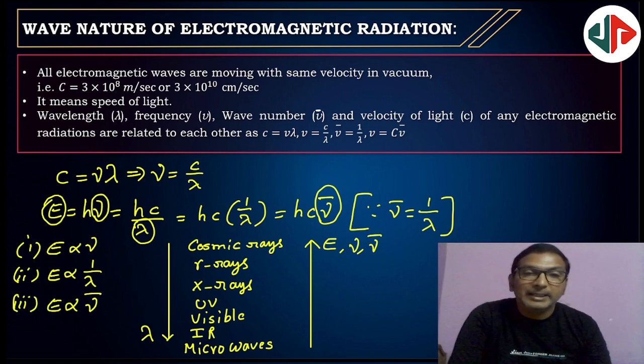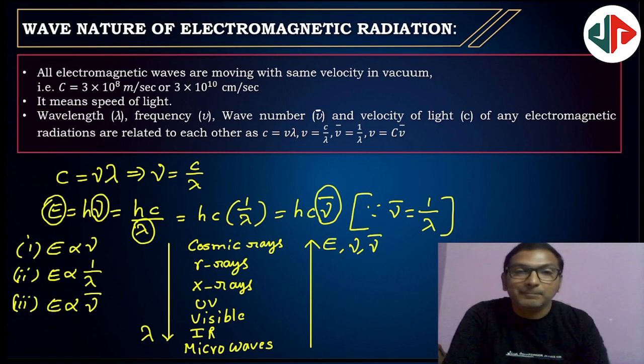Cosmic rays to microwaves, wavelength increases, and microwaves to cosmic rays, energy, frequency and wave number increases. From this you will get different orders. Questions will be like this: arrange the following electromagnetic radiations in increasing order of their frequencies or increasing order of their wavelengths. For this type of questions, this will be very, very important. So this is about wave nature of electromagnetic radiation.